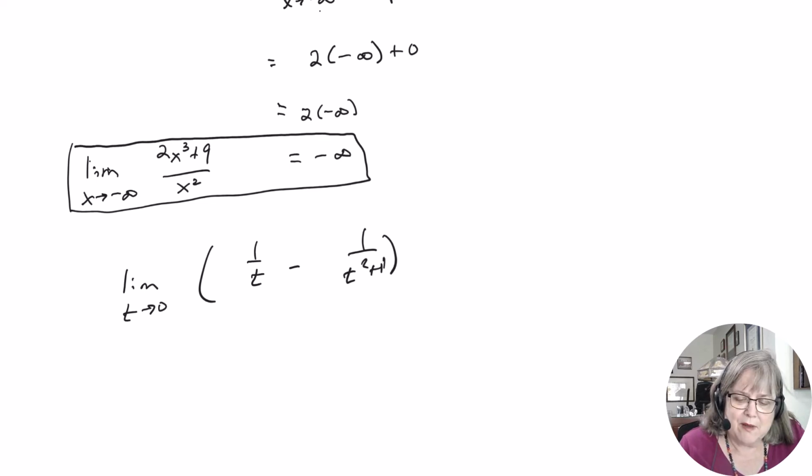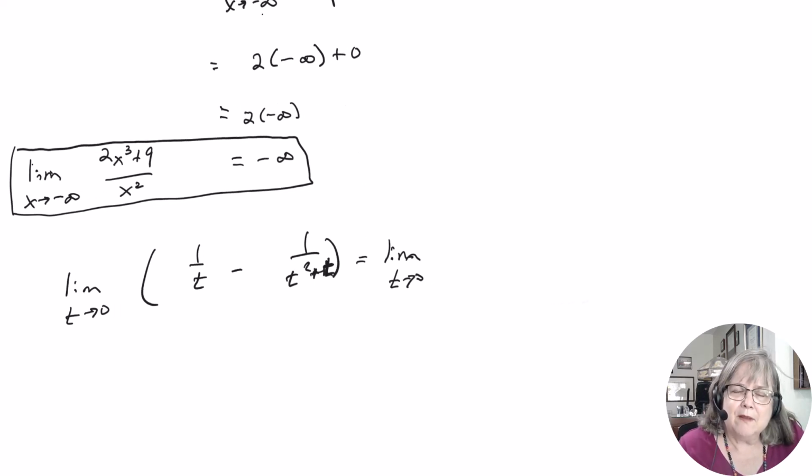This is supposed to be a t right here. T squared plus t. Factoring, square roots, and so forth. It's not a complex fraction, but maybe, you know what? It might look like something I could factor on the top and the bottom if I could kind of squeeze it together into being one fraction.